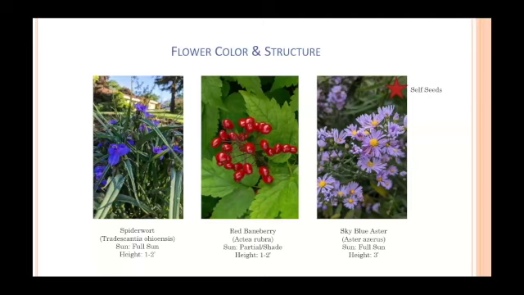And then looking into the fall, one of those late plants that we want to have for migrating insects is going to be our asters. And the sky blue aster is a really nice one. It stays short. I like it because it's nice and airy. It's not so dense. So it's a really good one that you can plant in amongst other things. And then you get these nice pops of light purple lavender color flowers in the fall.